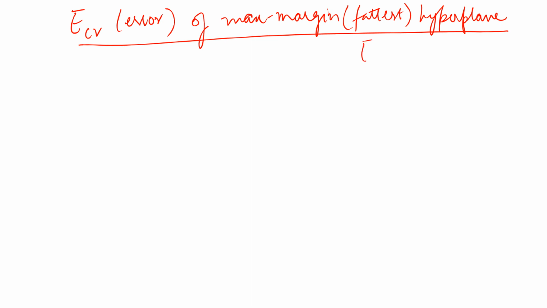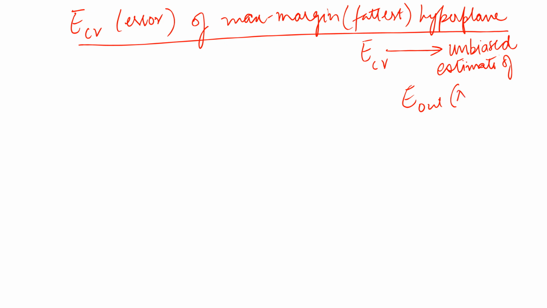So we also found that this cross-validation error was an unbiased estimate of E out that was calculated on n minus 1 points, right? So in other words, cross-validation error is so important that through it, we have some handle on E out.